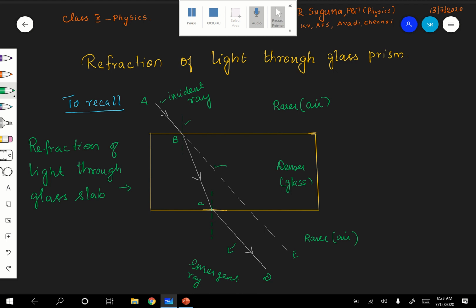Therefore the light emerging from the glass slab after suffering two refractions has its direction parallel to the incident ray.